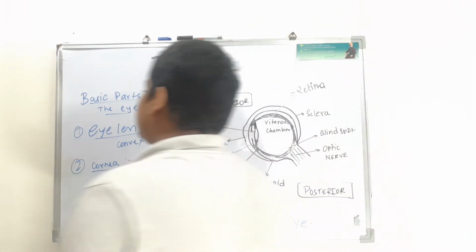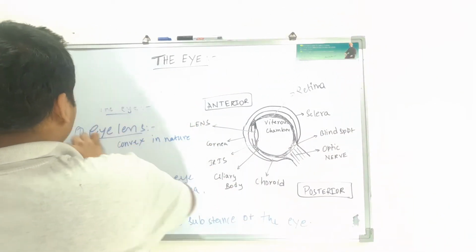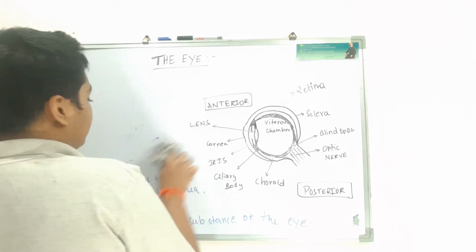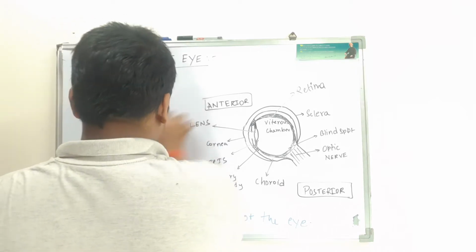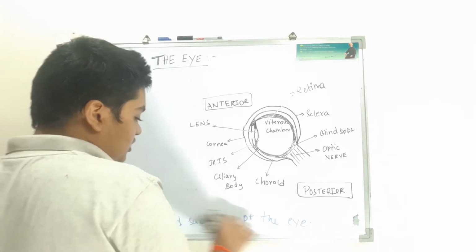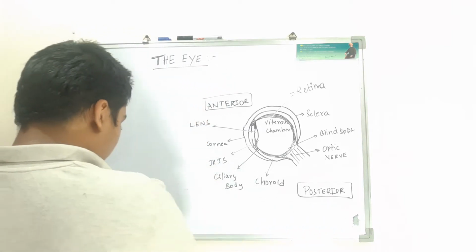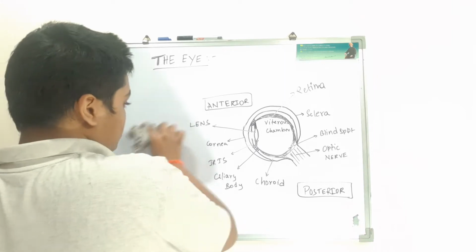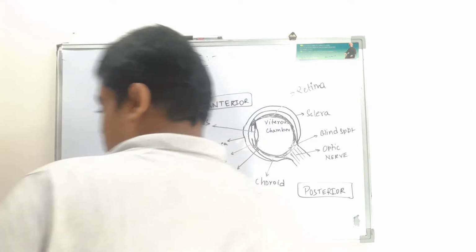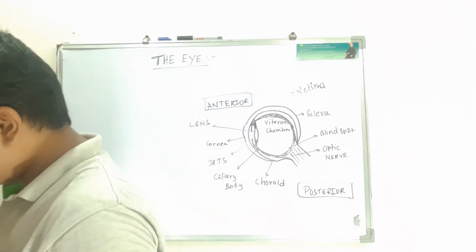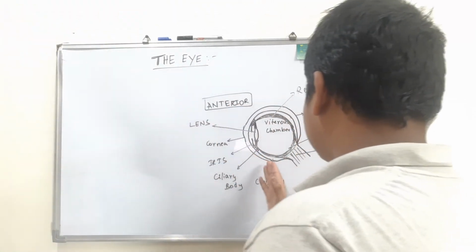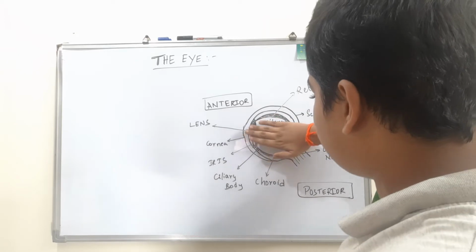Now we will be moving on to the topic present in our NCERT about the detailed nature of the eye. So let's do the detailed nature of the eye. Basically, the eye wall consists of three layers. What is the wall of the eye?